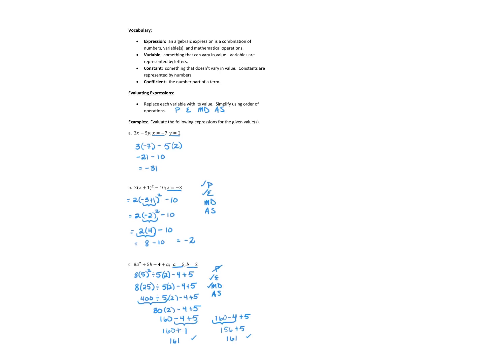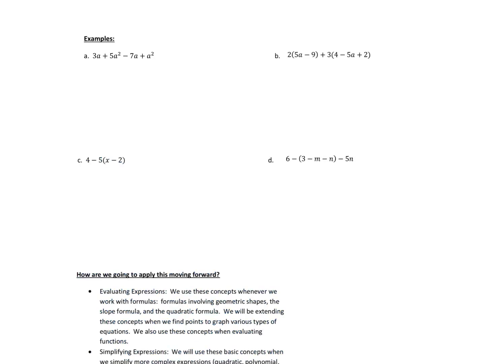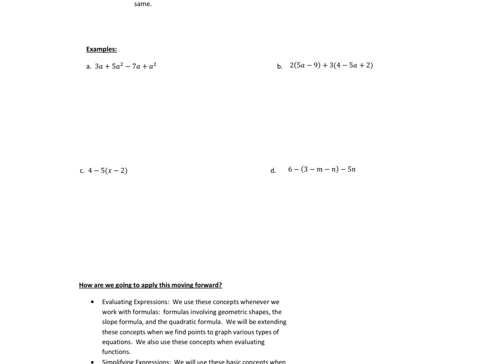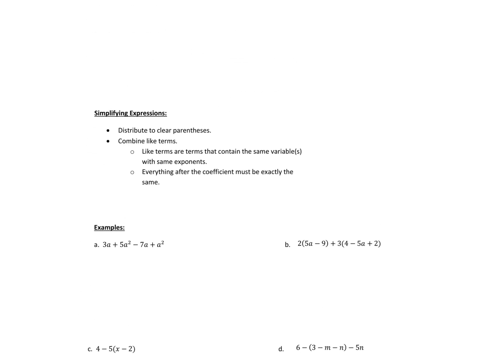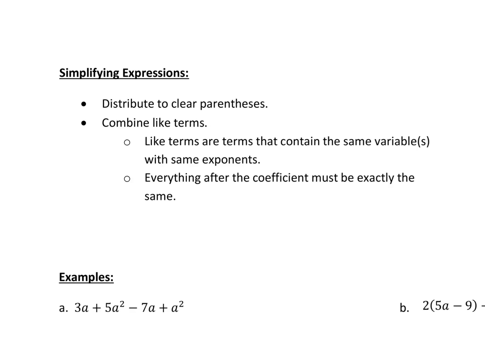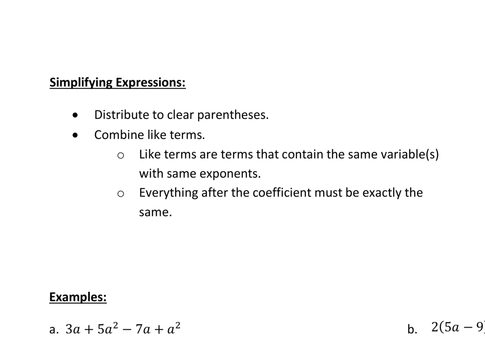All right, so this is evaluating expressions. The other thing we want to look at in this section is we are going to talk about simplifying expressions. And the main difference between simplifying and evaluating is in evaluating we plug in numbers and we get an answer equal to a number. When we talk about simplifying, this is not the case. We're going to keep our variables around.